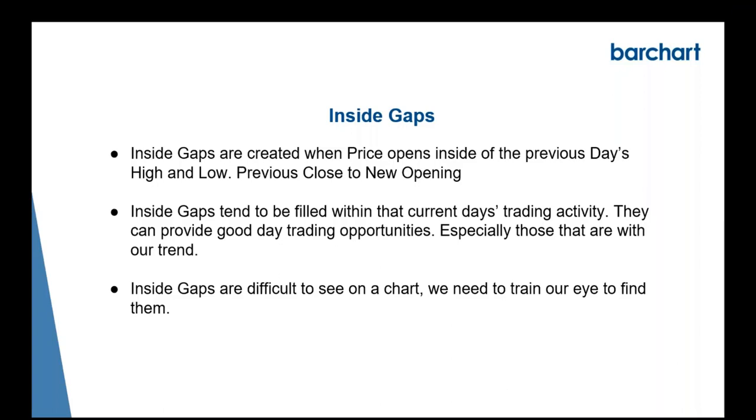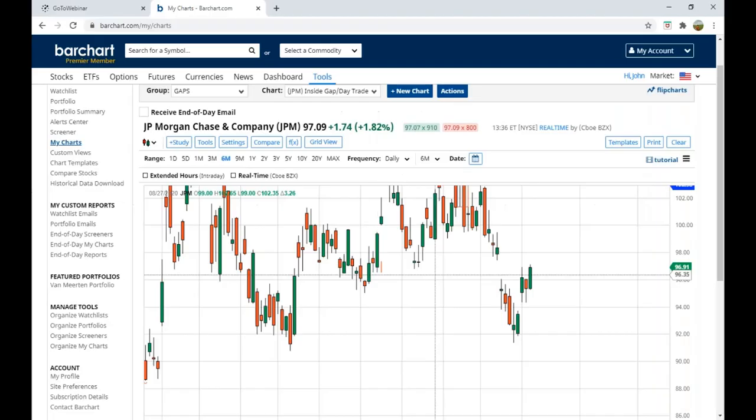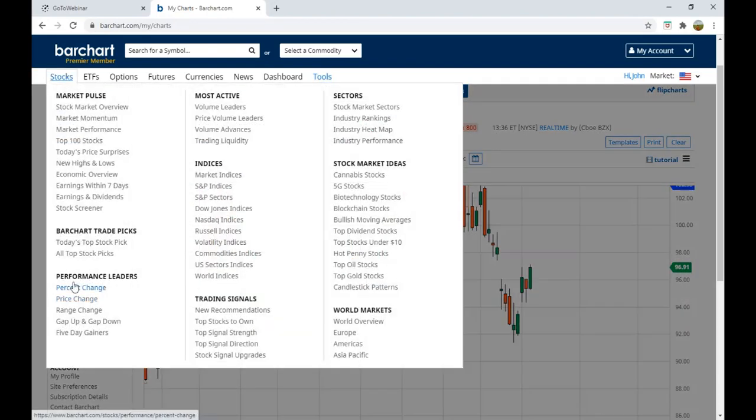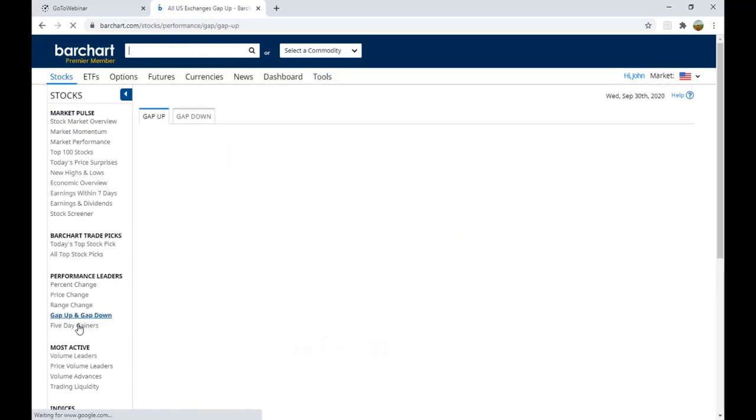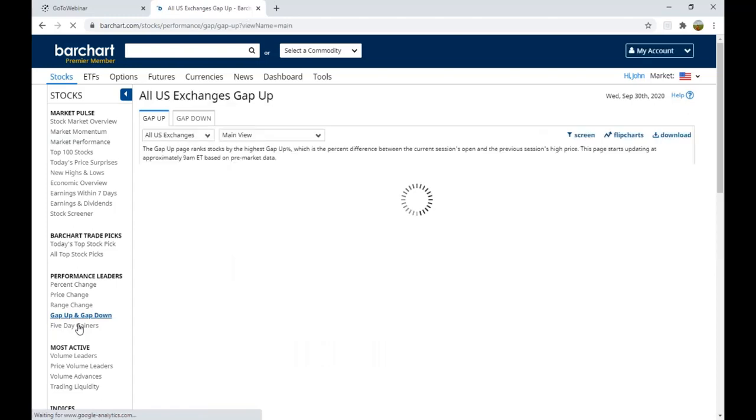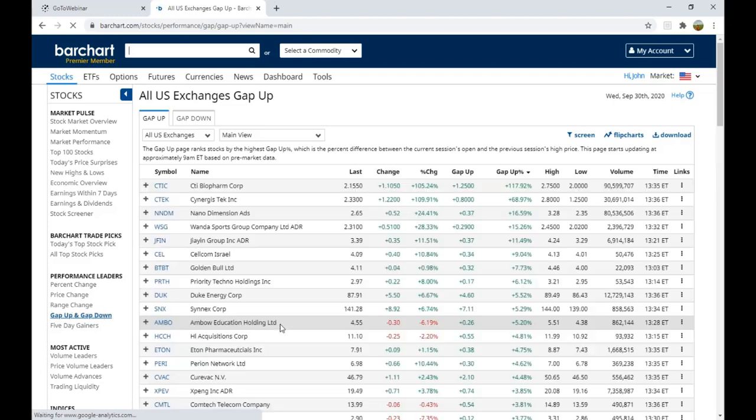All right. So let's go back to our bar chart now that we have a better understanding of all these different types of gaps. All right, so our screener here is giving us a lot of different gaps to look for.